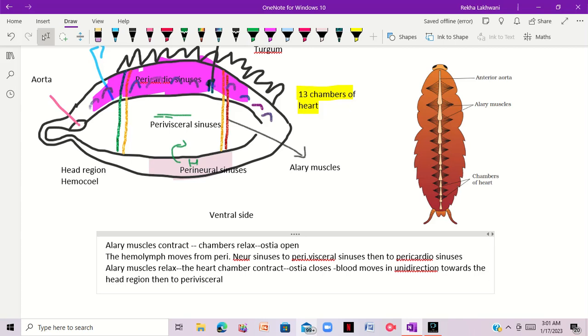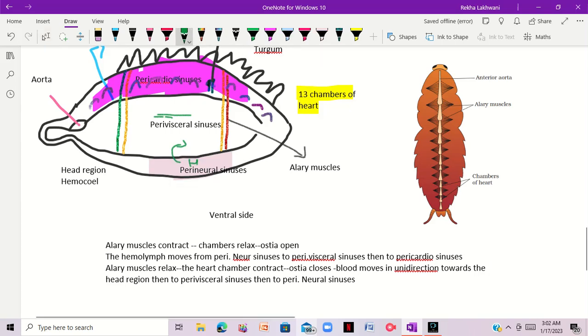Then it goes to the perivisceral sinus, then to the perineural sinus, right? So let me explain: the hemolymph will go through the aorta into the head region, which is the hemocoel. From there it moves to the perivisceral sinus, and then to the perineural sinus.